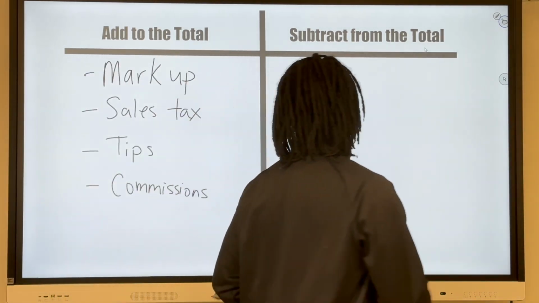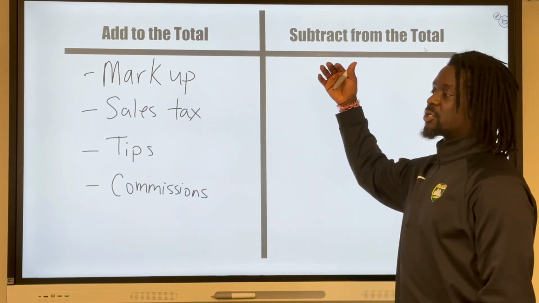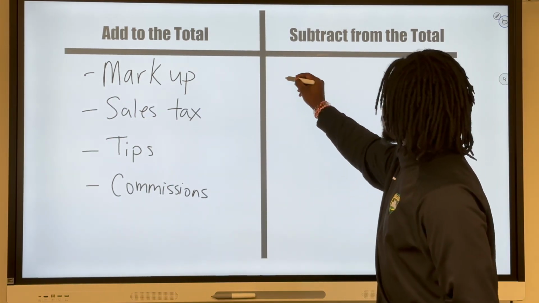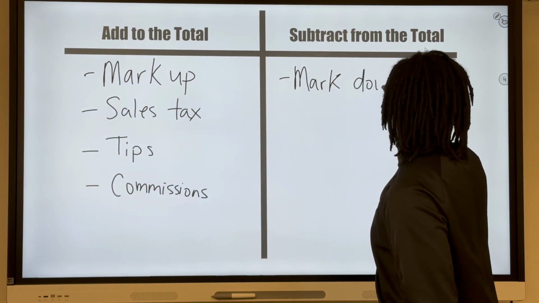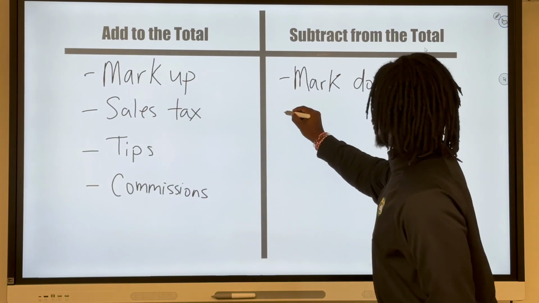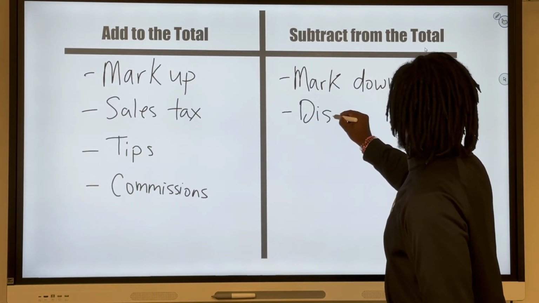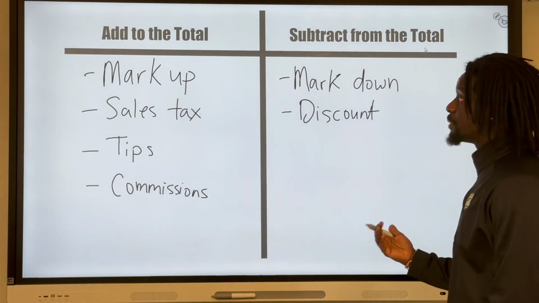On the other hand, these things are going to be subtracted from the total. So when you have a markdown, if the price is marked down, then we're subtracting from the original price. Same thing with a discount. So markdowns and discounts are similar.